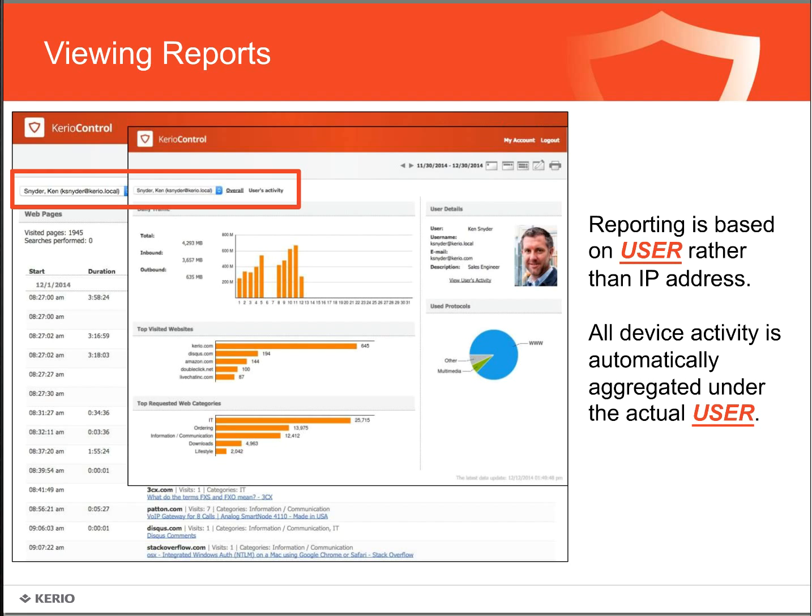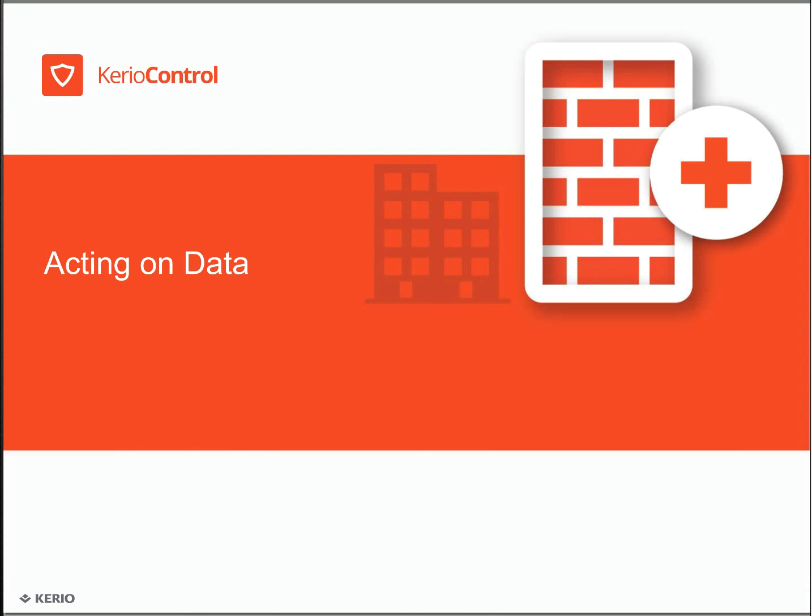This means it doesn't matter which device he is using on the network, whether an iPhone, an iPad, his MacBook, or whatever. All this data will be gathered and automatically aggregated under the actual user, in this case Ken Snyder.